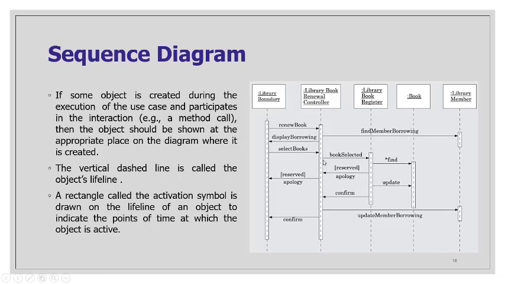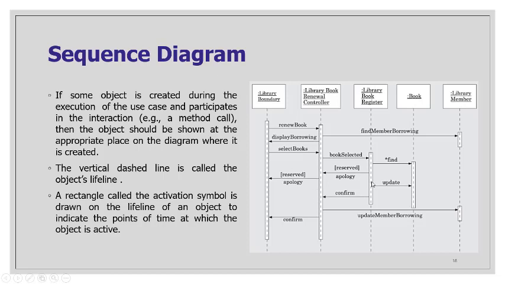Then it sends the information to books, which book is selected. If it is not selected, this object returns an apology. If it is, then it confirms that yes, this book has been selected.